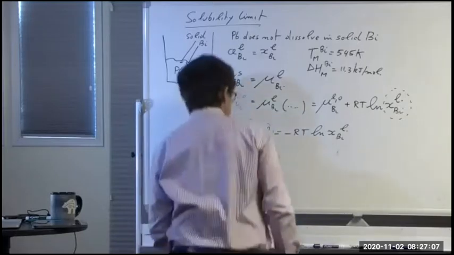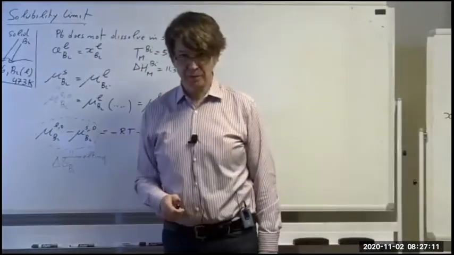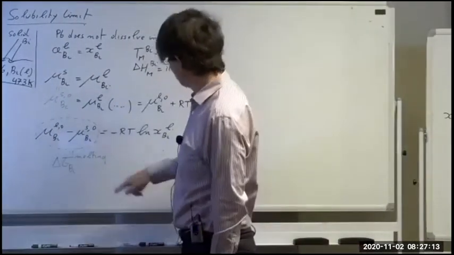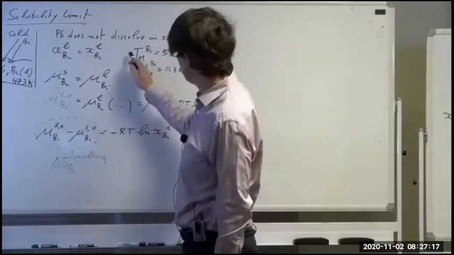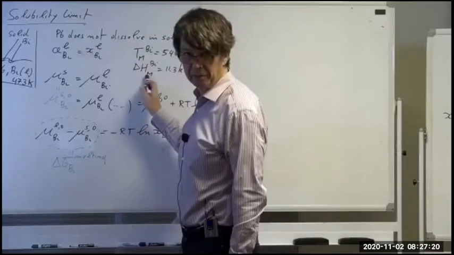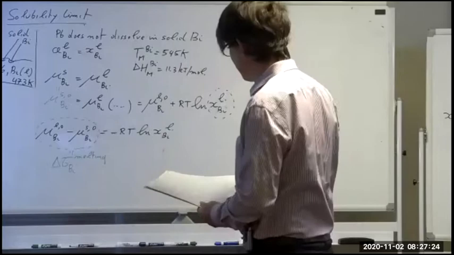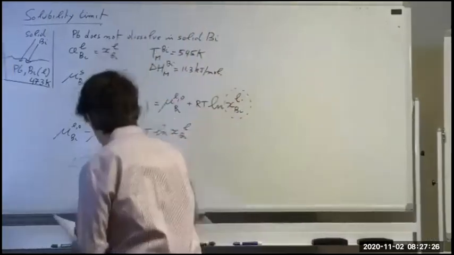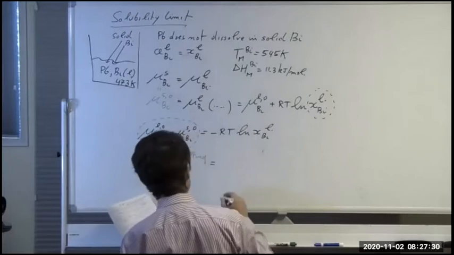Now the question is, do you know what delta G bismuth of melting is? Now you use the trick, right? What trick do you use? You can actually extrapolate. Remember, if you know the melting point and you know the enthalpy of melting, if you remember something from September, you know that you can approximate the free energy of a phase transition away from the phase transition point.